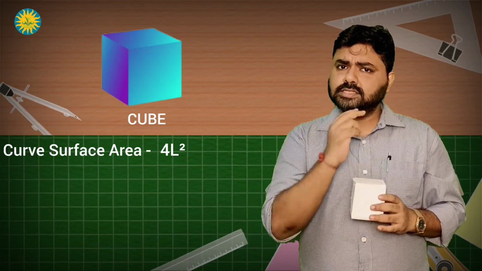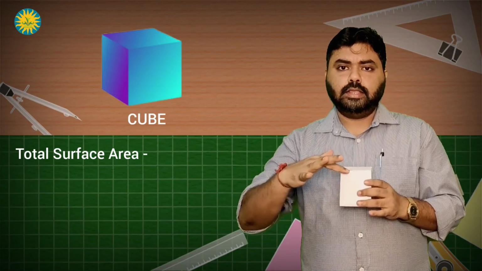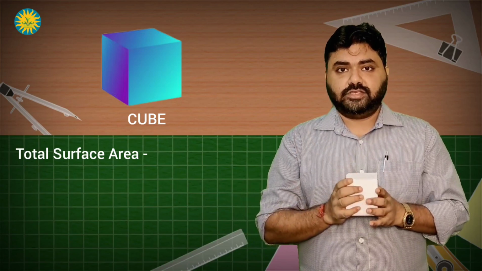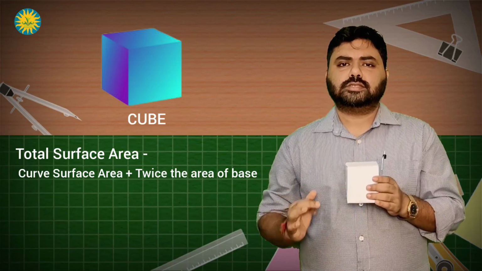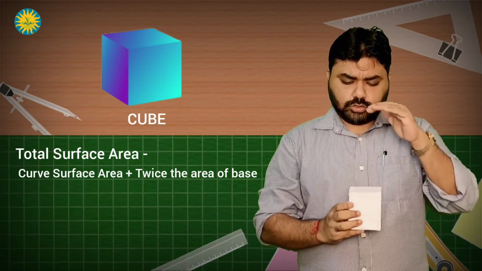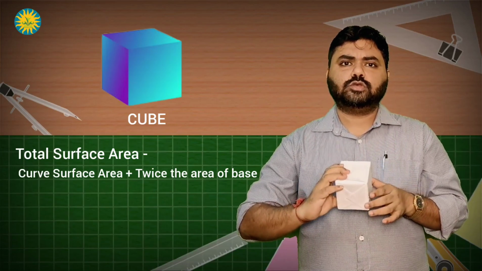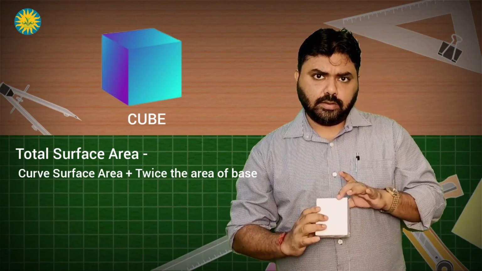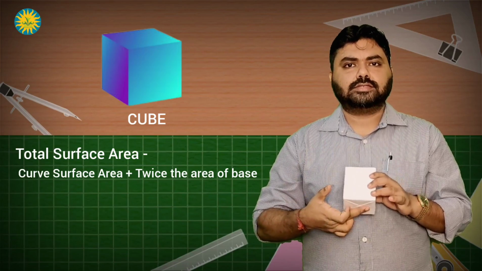Now similarly, the total surface area will be this curved surface area plus twice the area of the base. The area of the base is also a square, so its area will be length square, and the opposite surface will also be length square, that is L square plus L square.